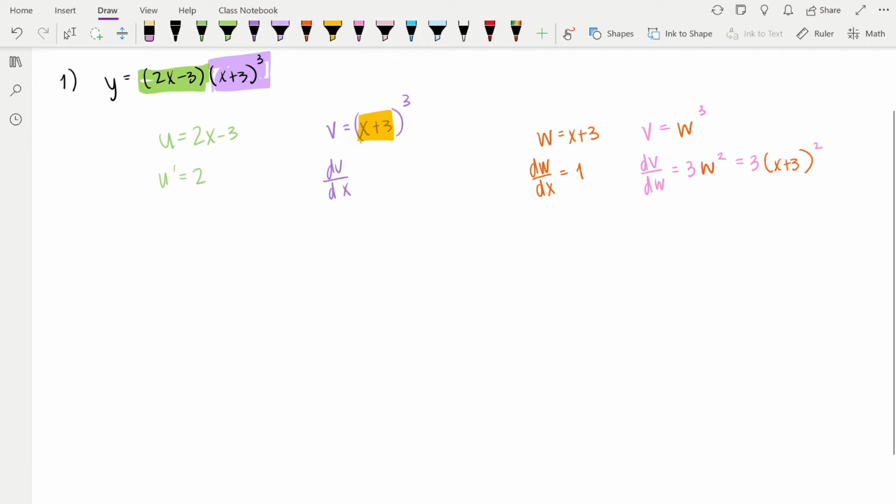I know it's a lot of letters and it's sort of strange, but the more you do it, the more it becomes pretty straightforward. So to get the derivative of v with respect to x, I need to multiply dv/dw, so this 3(x plus 3) squared, times dw/dx, which just turned out to be 1.